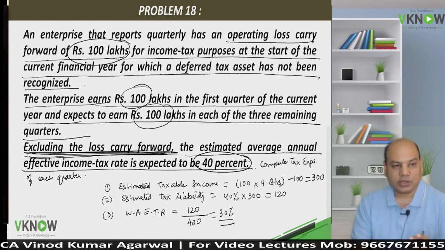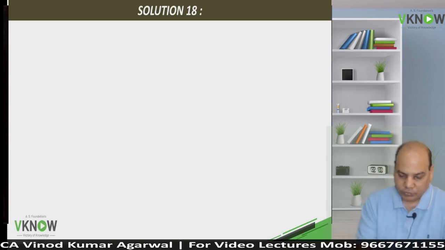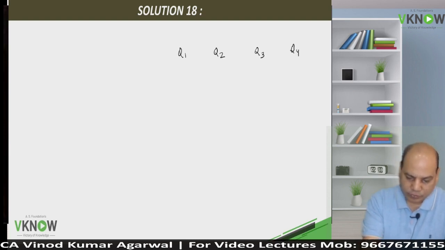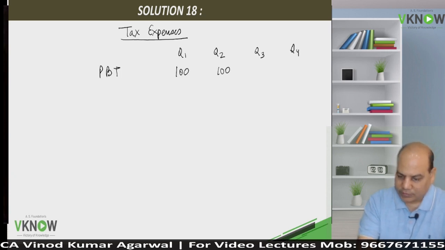So this is how I get 30%. I will apply 30% for each quarter. Quarter 1, quarter 2, quarter 3, quarter 4. And we are now trying to compute tax expense. They have given you PBT, which is 100 for each quarter. Figures are rupees in lakhs.